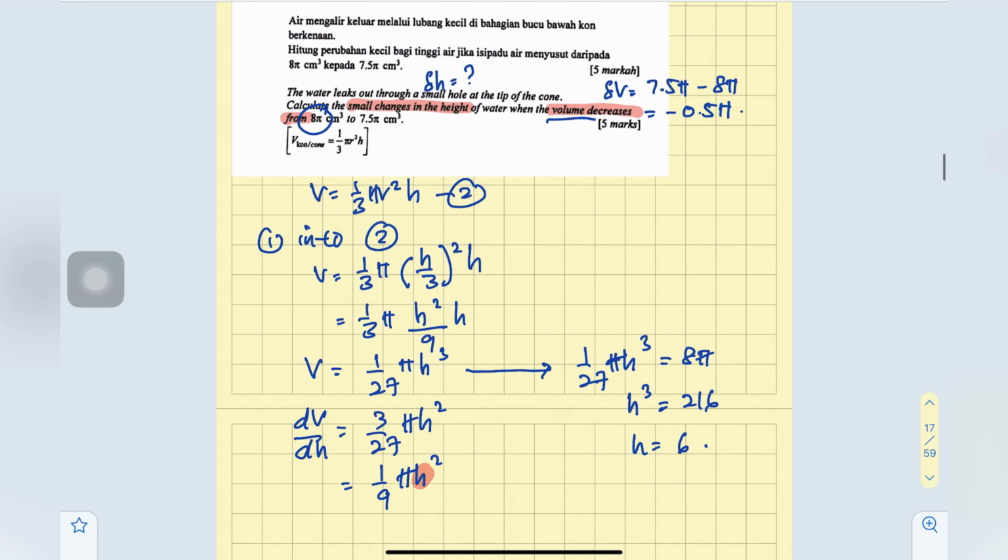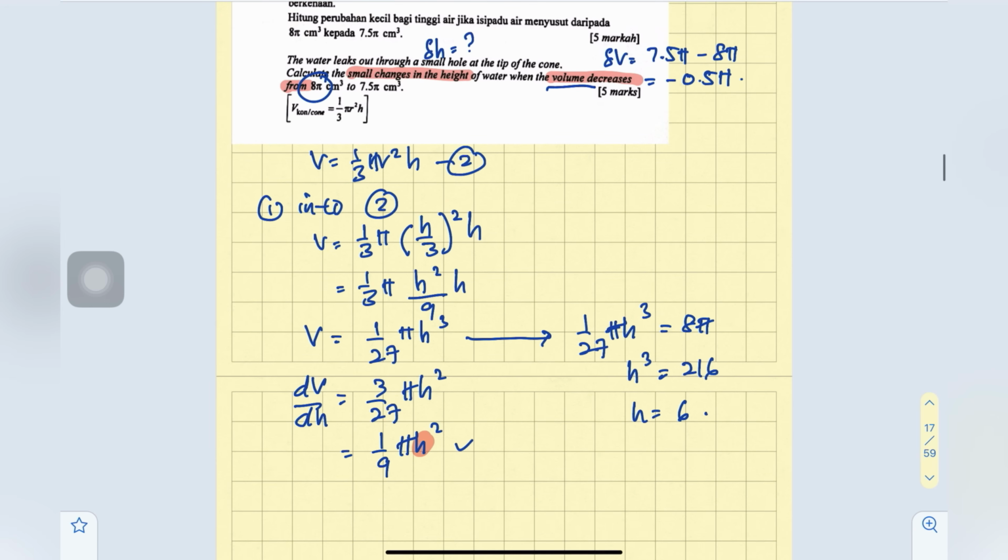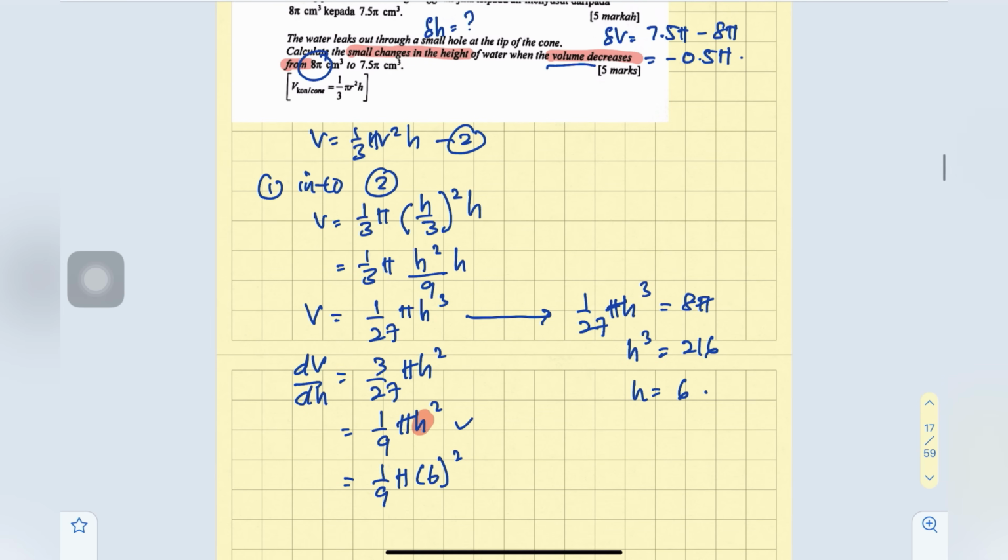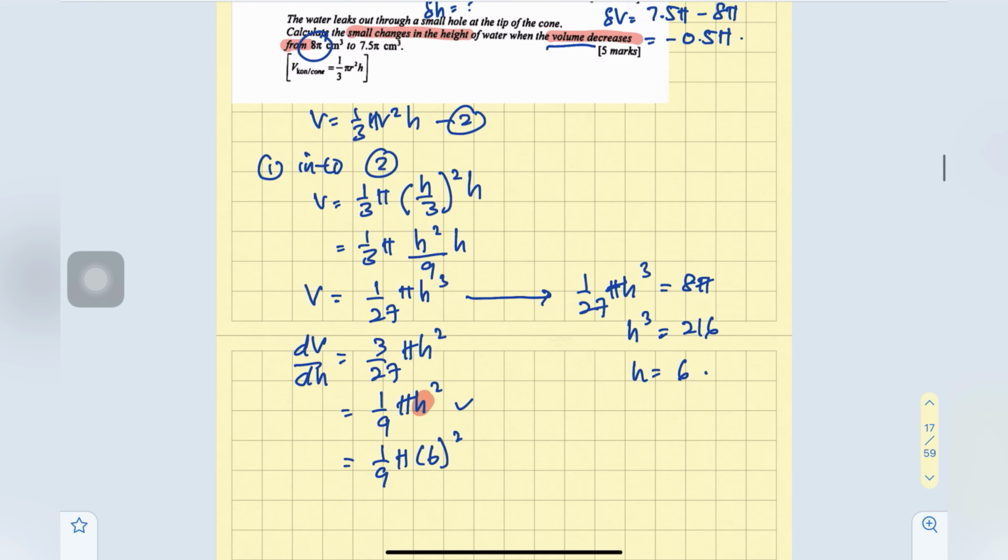Okay, so then we substitute H equals to 6 into dV dH ni tadi. So 1 over 9 pi 6 squared. Okay, so then this one equals to 36 over 9. So 4 pi. So dV dH equals to 4 pi.